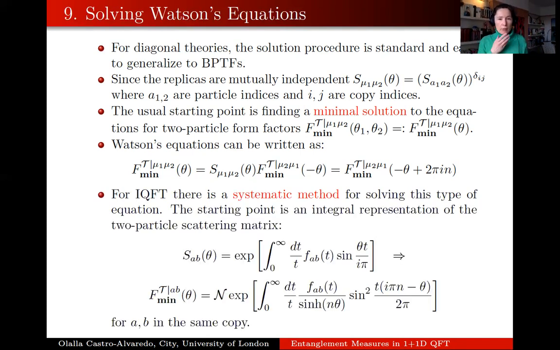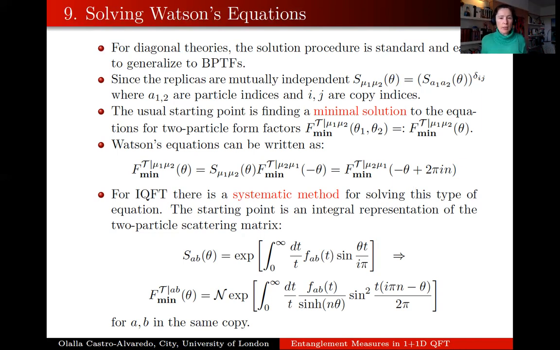It's based on the following idea, which is that if the S matrix you started with, so this S_{A1A2}, admits an exponential representation, and this is actually always the case for scattering matrices of hyperbolic type, which are products of hyperbolic functions, which is the case for all diagonal theories I can think of, Ising, sinh-Gordon, etc. You can go to a representation of this type, and if you have that representation, then you can actually show that this function down here solves the equation for this minimal form factor. So it solves the two Watson's equations automatically, okay?